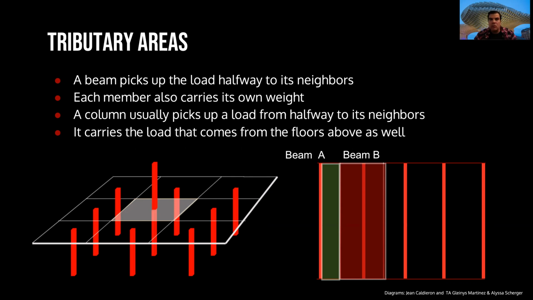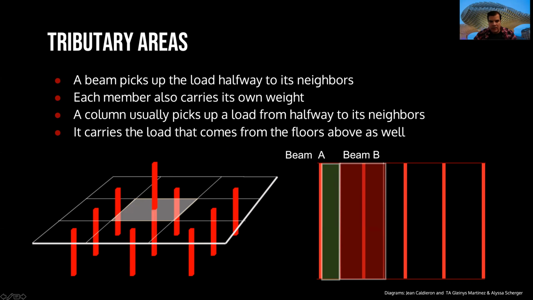How does that happen? The beam will have some loads, and the beam, similar to the columns, will pick up the load halfway to its neighbors. Imagine that we have a structure like this one, and the structure is divided in 9 parts. Well, there are 9 columns, and we will have a line that divides, like you can look here, the space between the columns, and each one of the columns will be supporting a specific area.